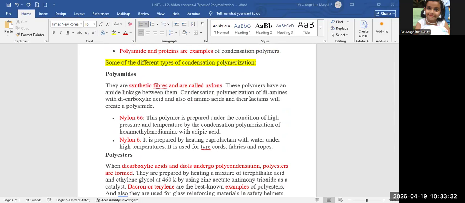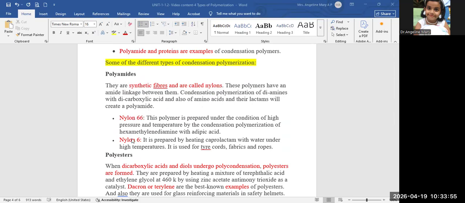Condensation polymerization of diamines with dicarboxylic acids, and also of amino acids and their lactams, will create polyamides.